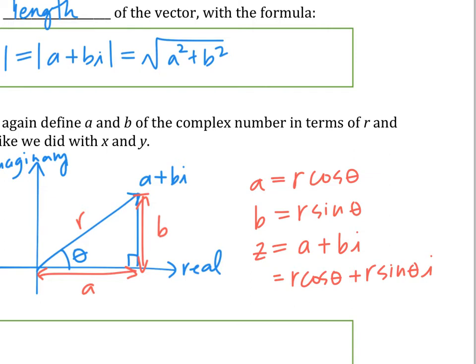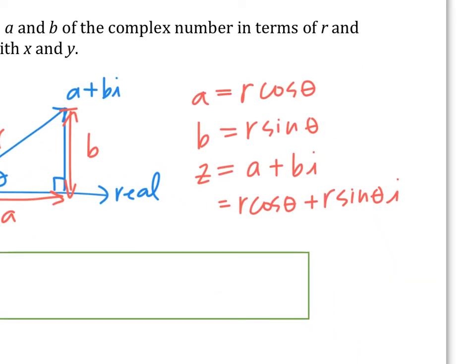Does that make sense? So A plus BI is the complex number. I'm breaking it down into R and theta, which is a different form of that same complex number. But usually, this is the way I learned it in high school. This is too long to write. So what they told us to write was this form, R cis theta.